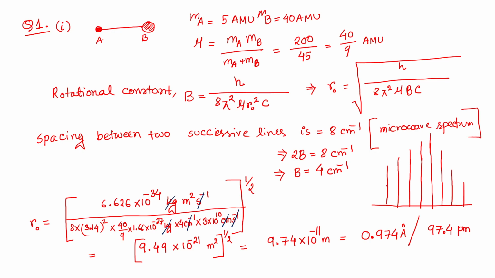So this gap is 2b, these are equispaced, which is 2b, right? Now this was the spectrum earlier. And from where this has started, from j equals 0 to j equals 1, delta j, the energy gap was how much?